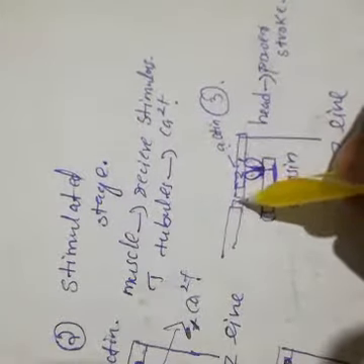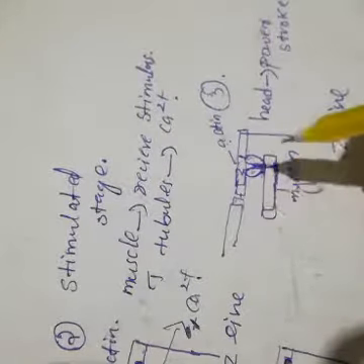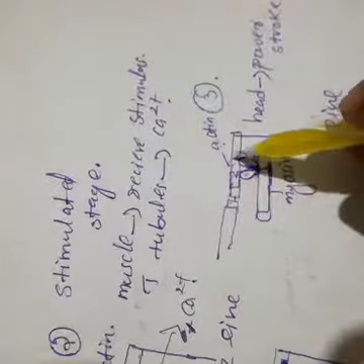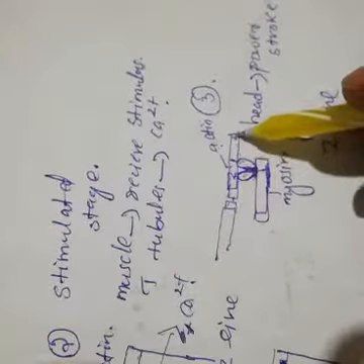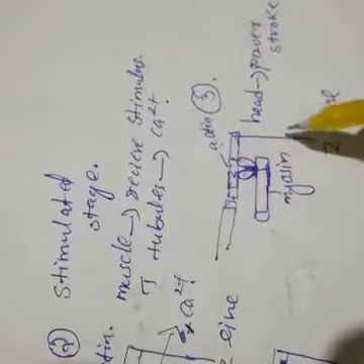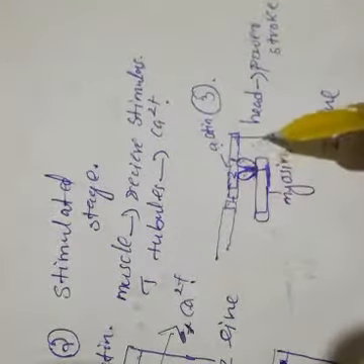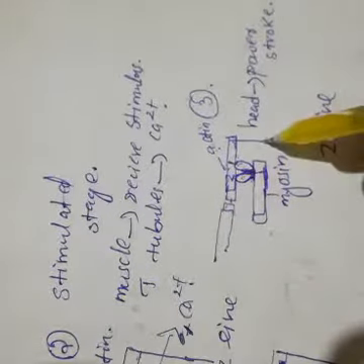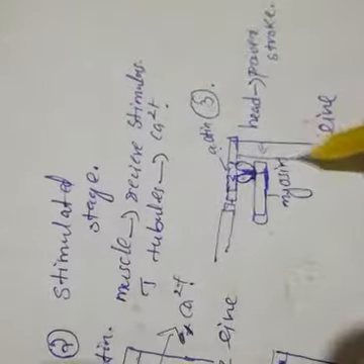So the distance between two actin filaments is reduced. And we know that the actin filament is associated with the Z line, so this Z line will also move towards the myosin. The resultant Z line will be like this.